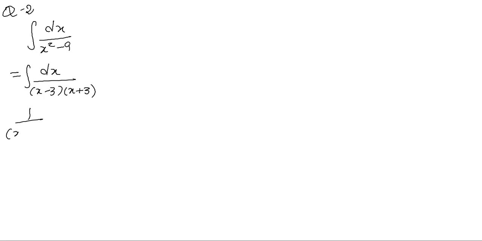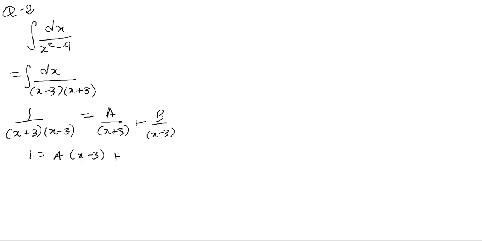Again this will fit into type 1, so I will write this as a upon x plus 3 plus b upon x minus 3. So if I cross multiply this, then x plus 3 and x plus 3 will get cancelled, and here x minus 3 and x minus 3 will get cancelled. So I will first of all assume x as 3.